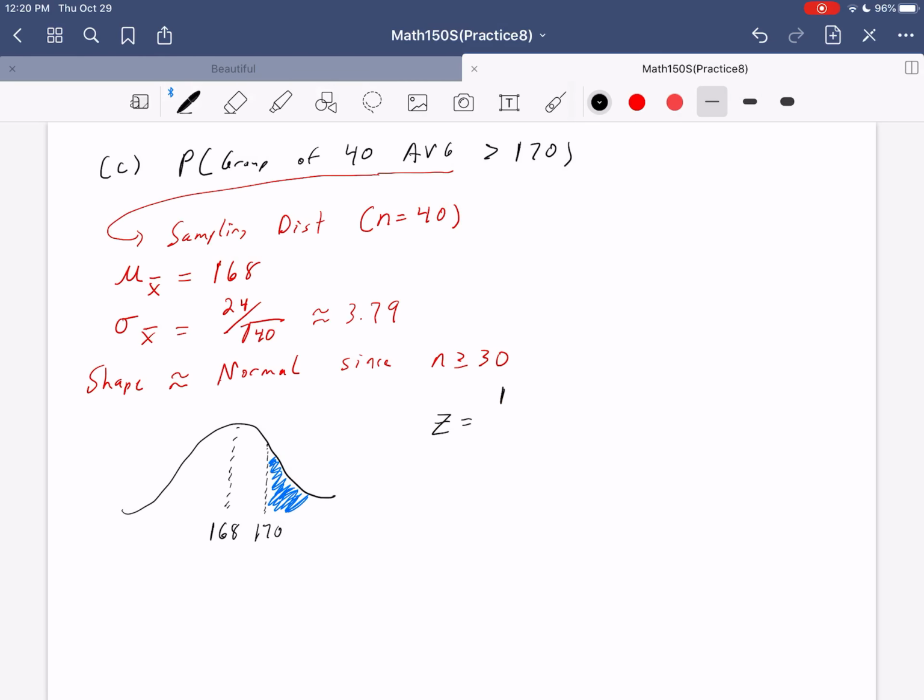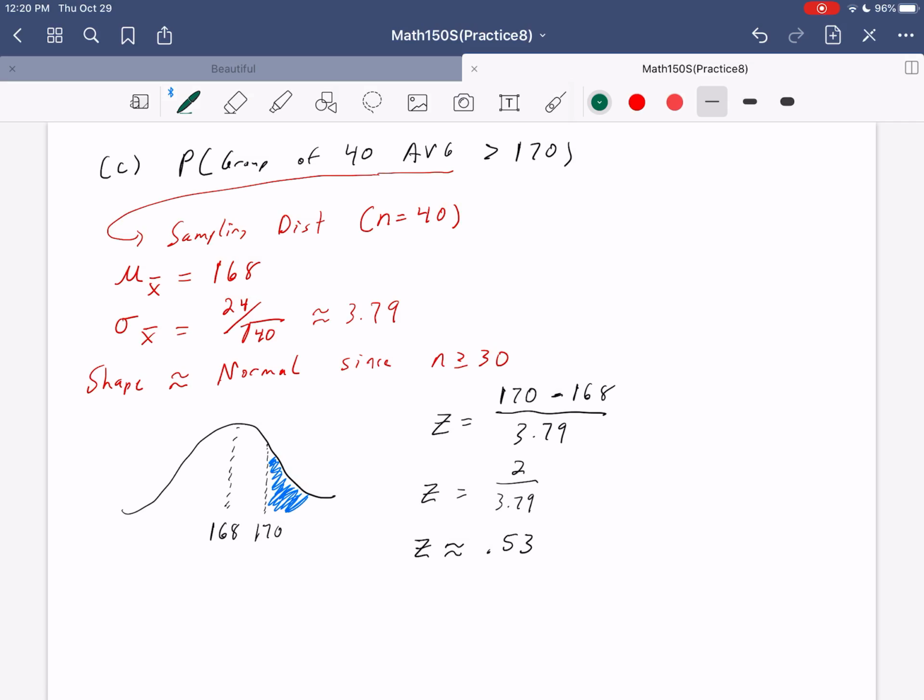So z is going to be our point of interest, 170, minus our mean, 168, divided by our standard deviation that applies to this sampling distribution, which is 3.79. So let's put that down there. Of course, we do our numerator first, which is 2 over 3.79. And then once we do that division, it looks like our z here should be approximately 0.53.